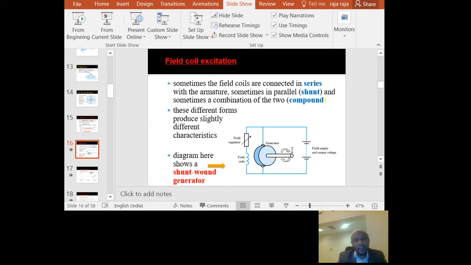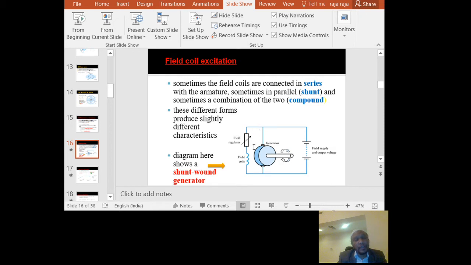The second one is shunt, which is actually shown here. Shunt means parallel. So we have the armature and the field, and these two are in parallel. That is the shunt type. The next one is compound. Compound means mixing. We have two coils, one coil connected in parallel and another coil connected in series.